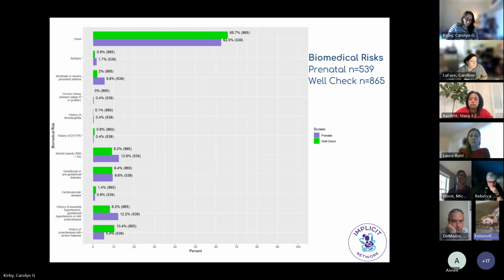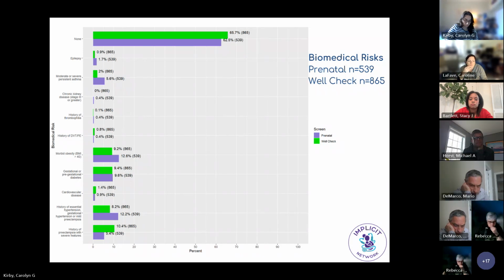But you can see where the screening falls. Our bigger categories are hypertension, preeclampsia history, gestational diabetes, and morbid obesity. This is something we can look at in the prenatal and the postpartum form. Next slide.